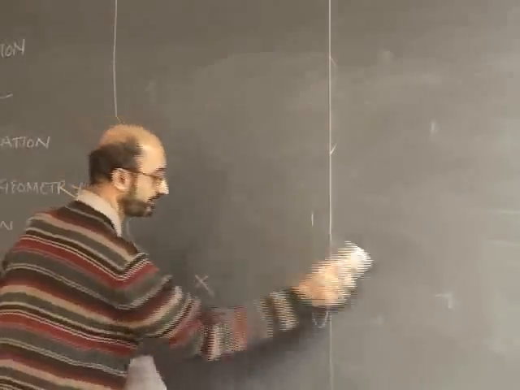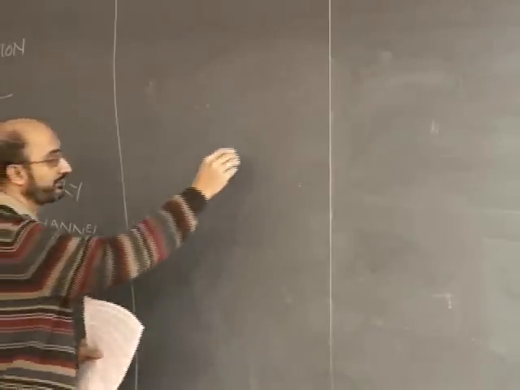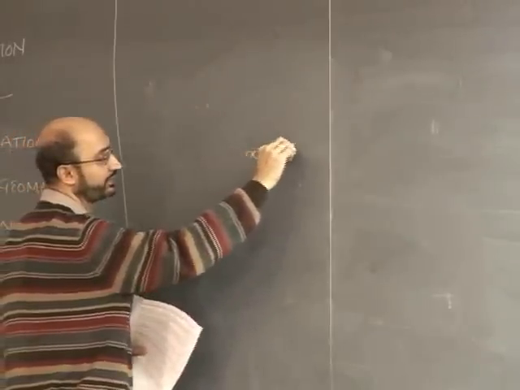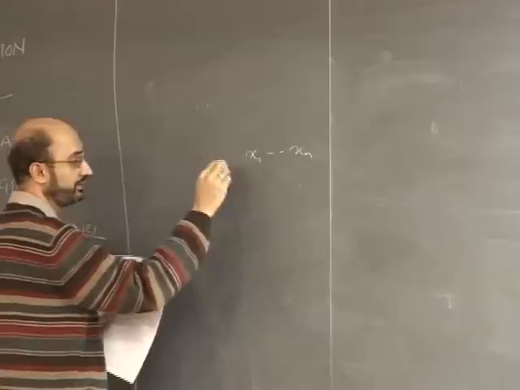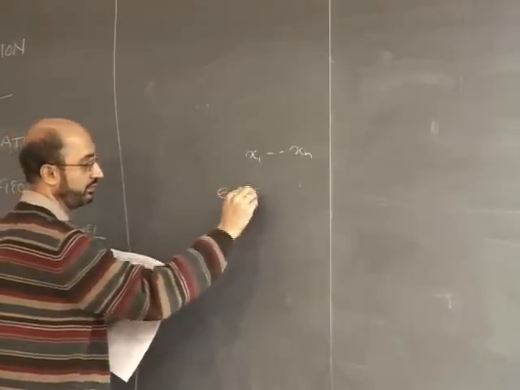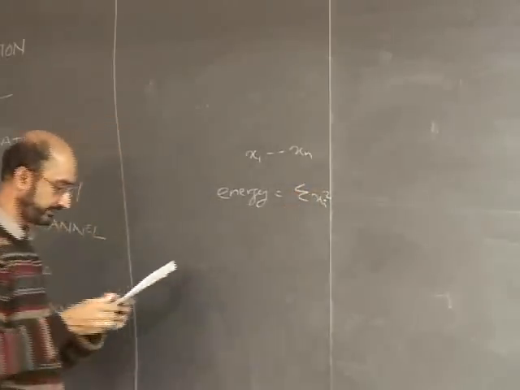We start with this observation, okay, that if I take a sequence of n values, x1 to xn, then the energy is going to be sigma xi square. That's the first thing.